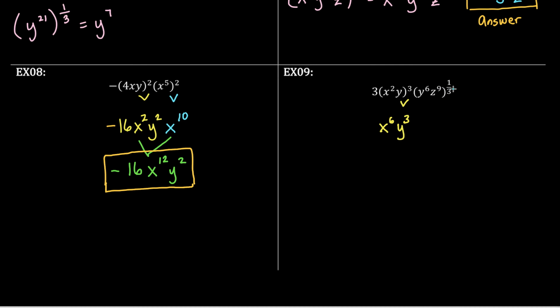So 6 times 1/3 is 2. So that gives me y to the second power. And then z to the 9 times 1/3. So 9 times 1/3 is 3. So we get z to the third.